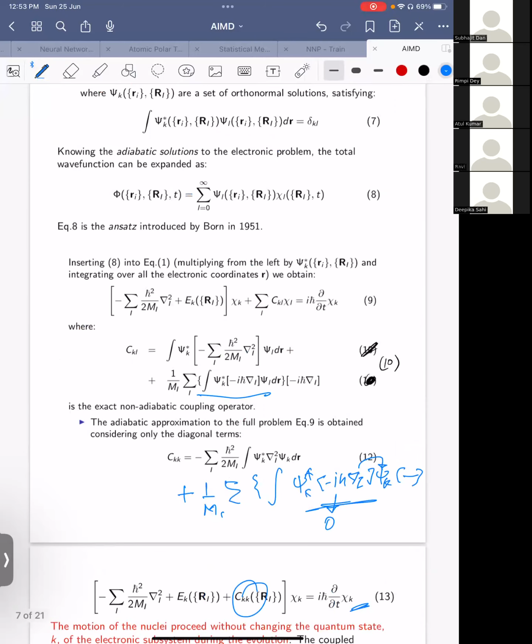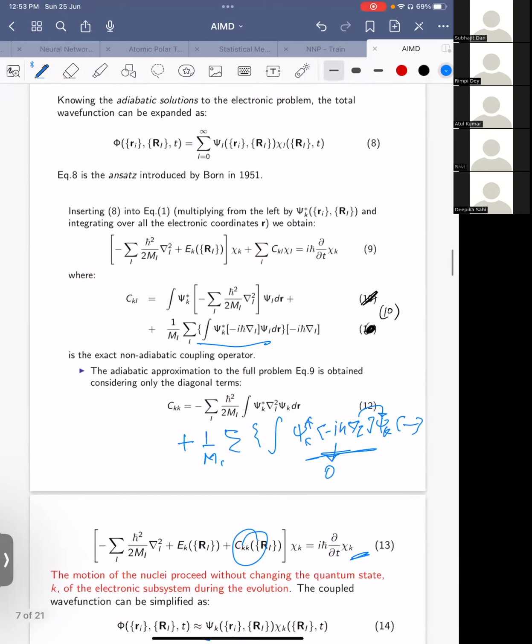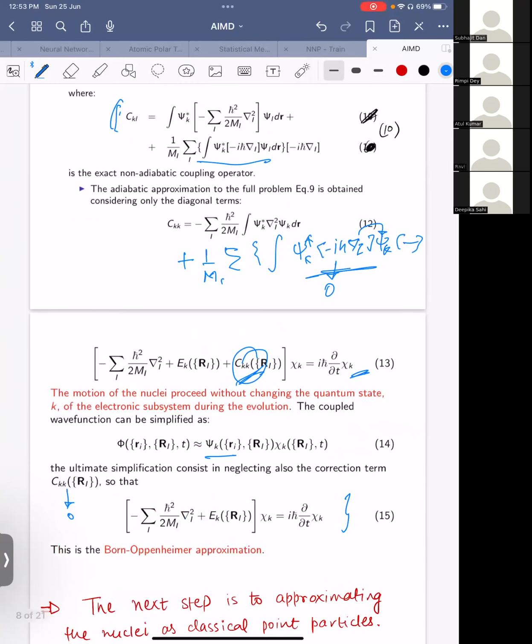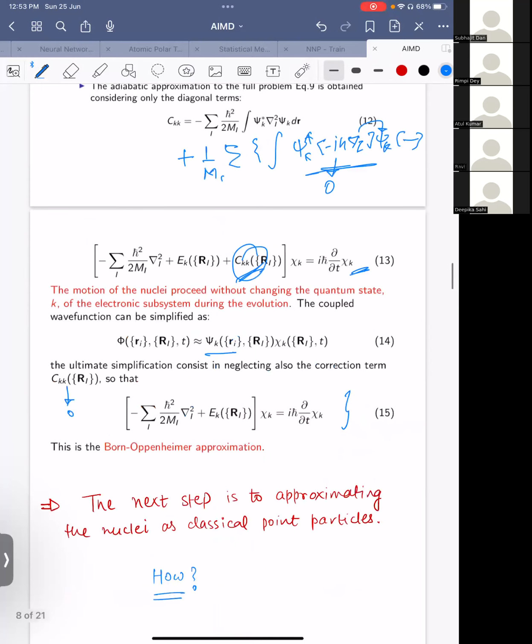And here is this adiabatic approximation, where we ignore all the off-diagonal terms, because the electronic motion does not depend on the nucleus. So the coupling, the off-diagonal term, will be 0 as well.